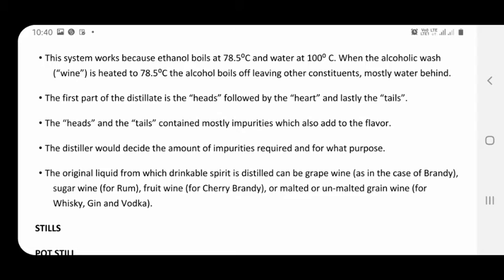So first is the pot still. The pot still is the alembic, and the alembic is the earliest and traditional form of still.